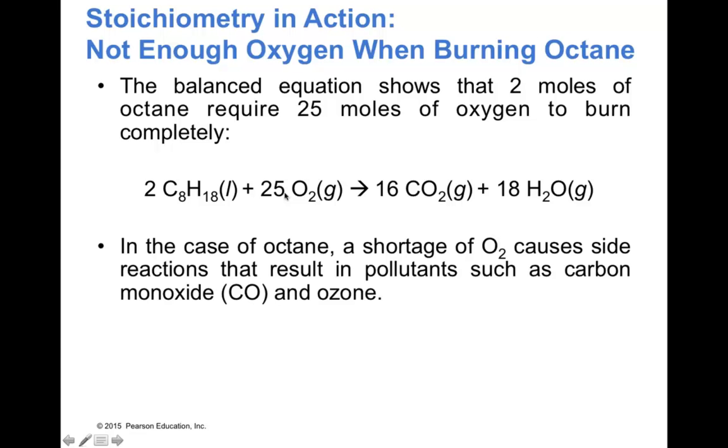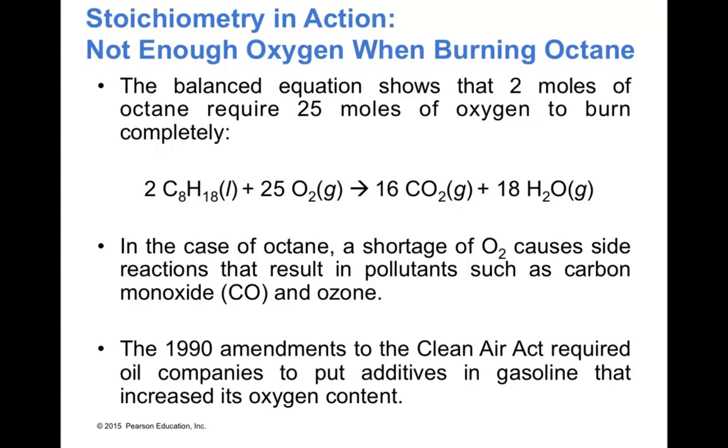But sometimes you don't have a lot of oxygen, and because of that, the octane is still doing combustion, but it will produce some pollutants such as carbon monoxide and ozone. These are molecules that affect our environment. They are very hazardous to our environment. So that's why in 1990, the amendments to the Clean Air Act required oil companies to put additives in gasoline that increased its oxygen content.